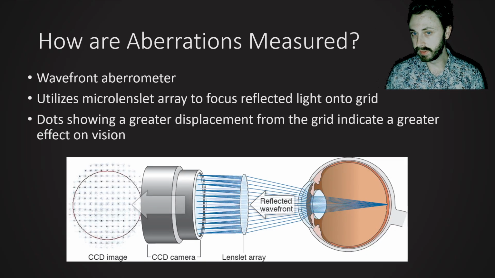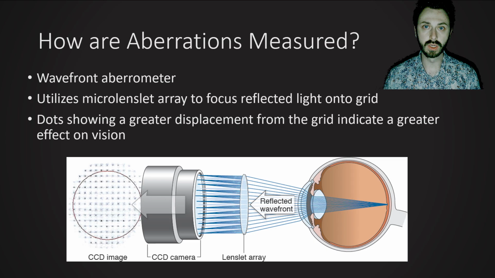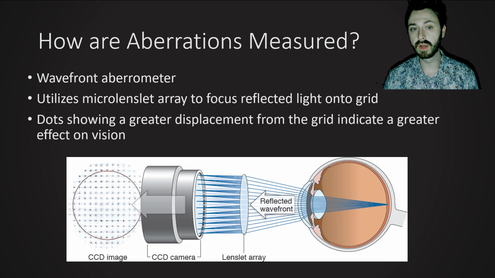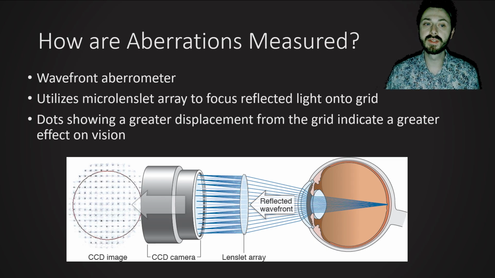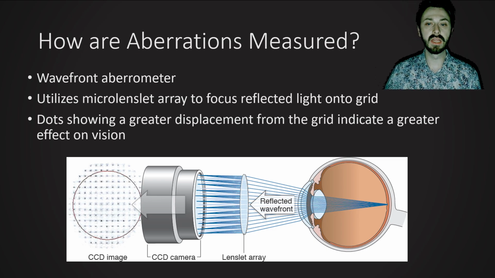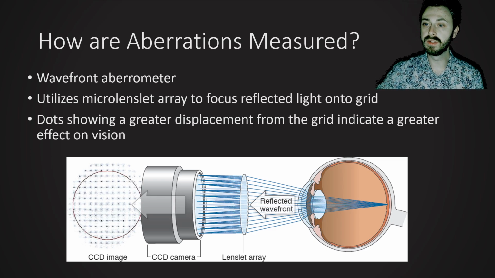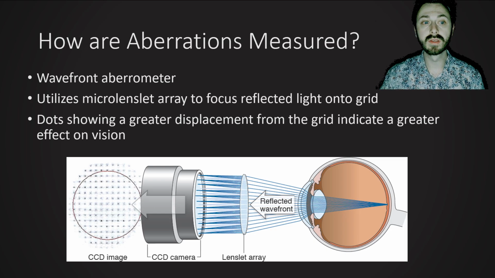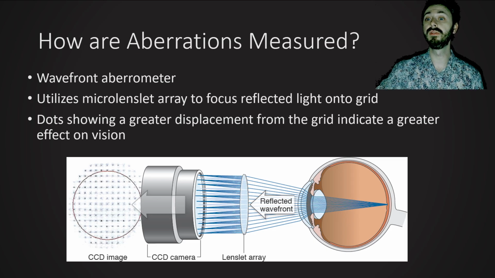Just a basic overview of how aberrations are measured. We typically use a wavefront aberrometer. The way that this typically works, at least in this model, the Hartmann-Shack model, a light is shined into the eye. It is refracted by the ocular structures. That light reaches the retina. Some of it is absorbed, but some of it is reflected back.